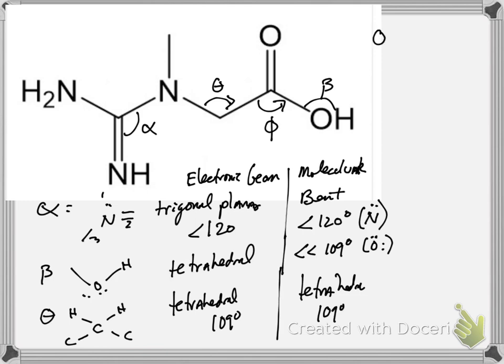The final angle, phi, is trigonal planar. Carbon has a single bond and a double bond present. Trigonal planar, electronic geometry, 120 degrees. So these are really good to practice. We got lots of problems to practice on. This way, line structures and bond angles are always good to review.